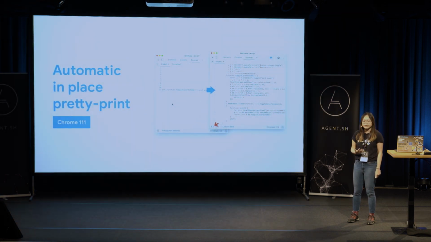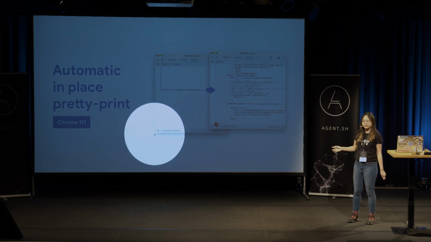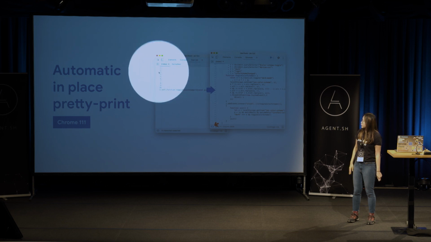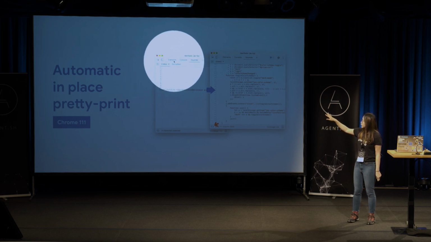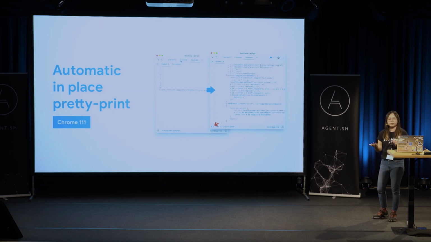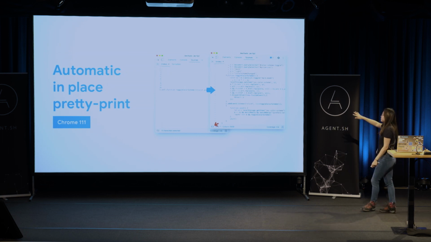Then you need to click on this little button at the bottom to prettify it. Previously, when you clicked prettify, we didn't show the code in the same page, but opened the code in another tab called the Formatted tab. This is one of the things we heard from developers, that you don't want to debug like that. You just want to pretty print and have it show up in the same tab itself.